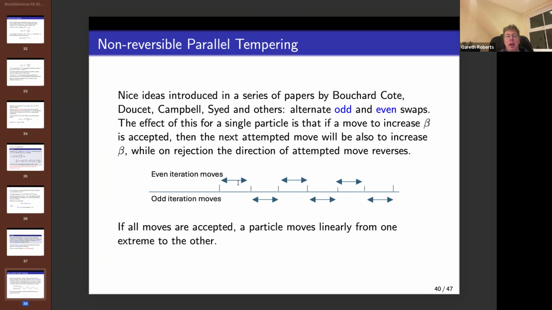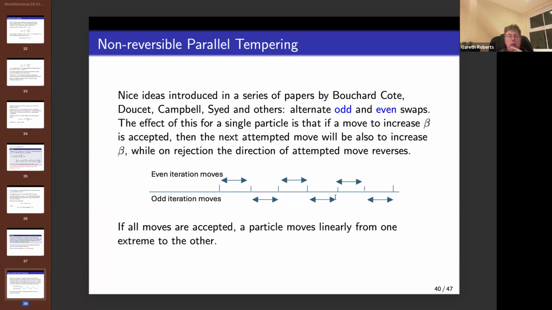When you're doing swaps in parallel tempering, if you swap on even iterations, you swap these at the top here, and on odd iterations, you swap these ones at the bottom, it can create this kind of cascade effect whereby a particle which starts here will move here if it's successful, and then next iteration it will move to here, and then to here, and then to here.